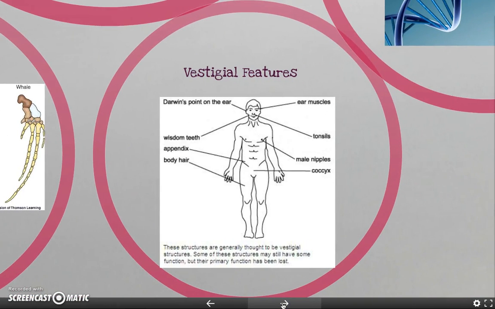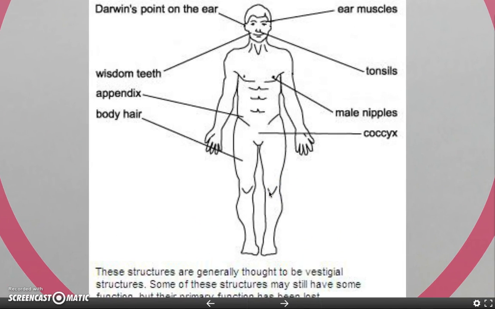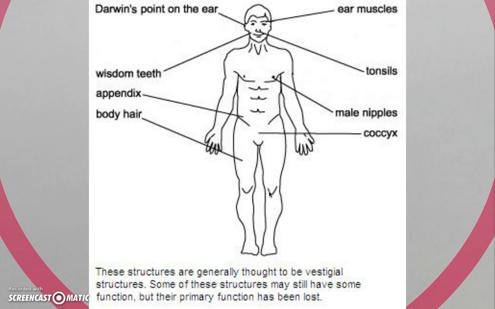Next, the idea of vestigial features. Vestigial features are evolutionary remnants. They are left over from an organism's evolution over time, from a time where they needed whatever the structure was, and they no longer need it anymore.